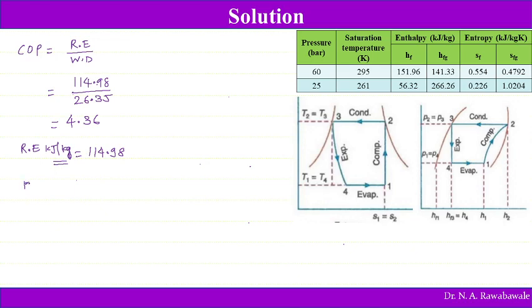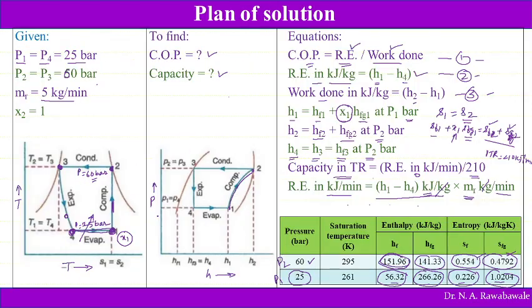So the refrigerating effect in kilojoules per minute can be obtained as the refrigerating effect in kilojoules per kg times the mass flow rate of refrigerant in kg per minute. The mass flow rate given in this problem is 5 kg per minute.